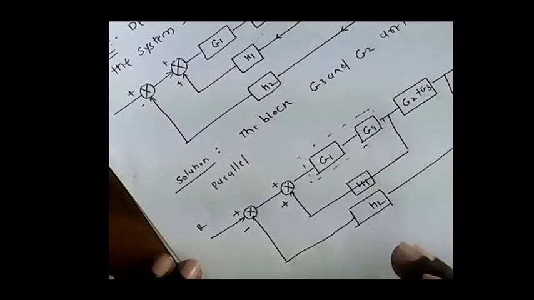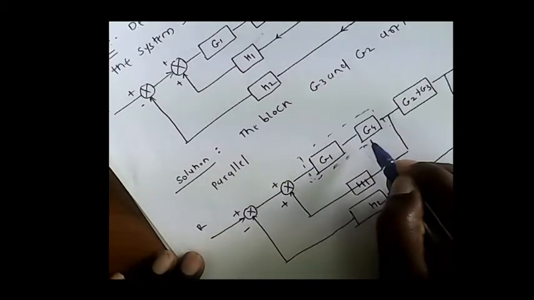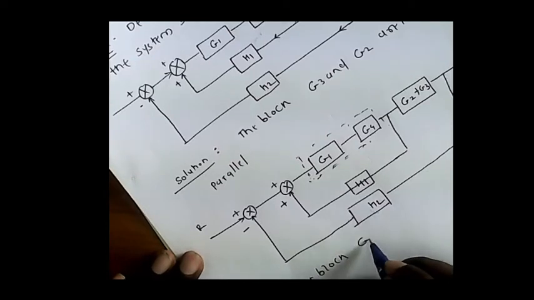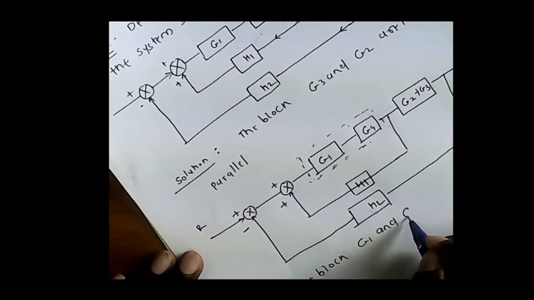Now if you observe again, these two blocks G1 and G4 are in series, and we can multiply them. So in the second step, the blocks G1 and G4 are in series.